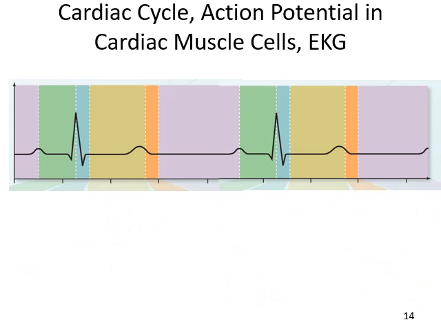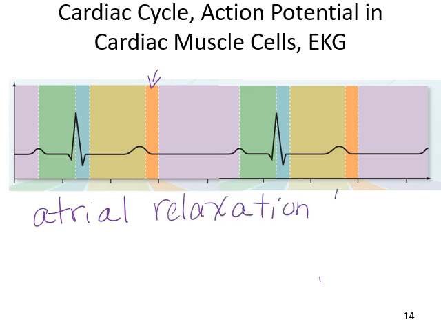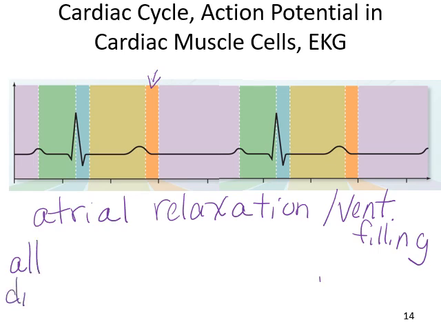So that's isovolumetric relaxation, a short period of time, and then we move on into the purple phase, which is atrial relaxation, ventricular filling. So all our chambers are in diastole.